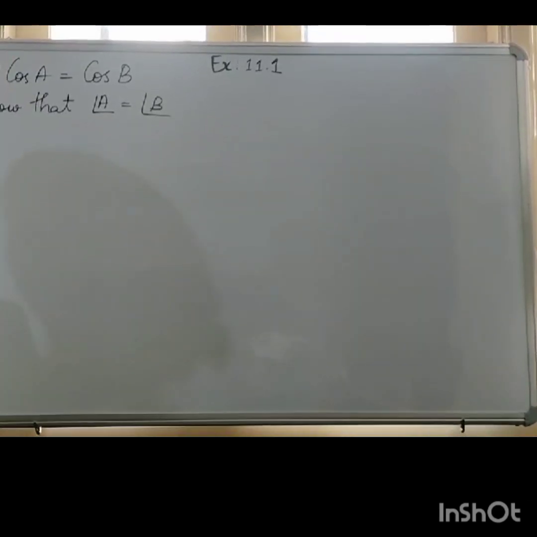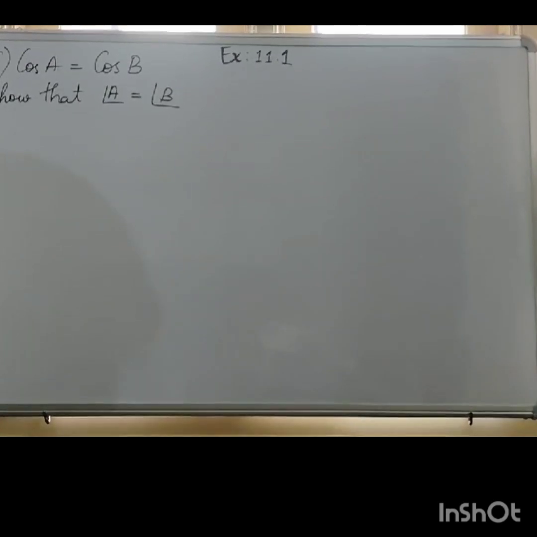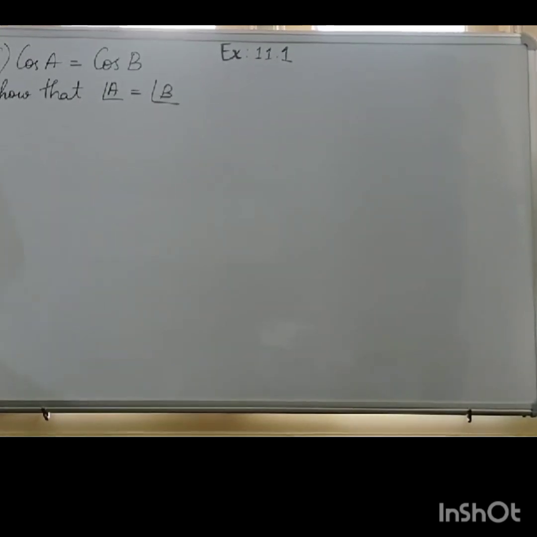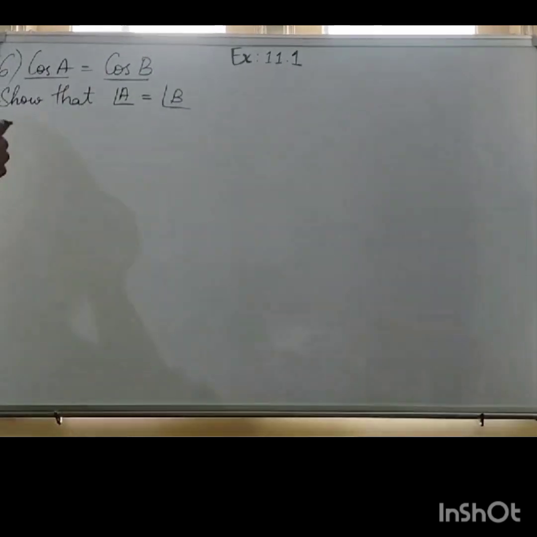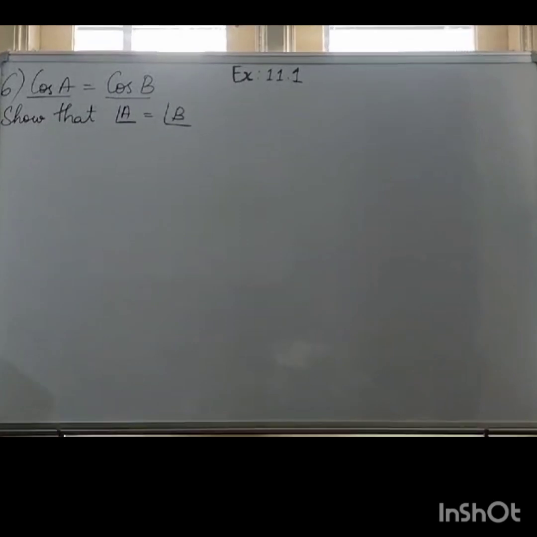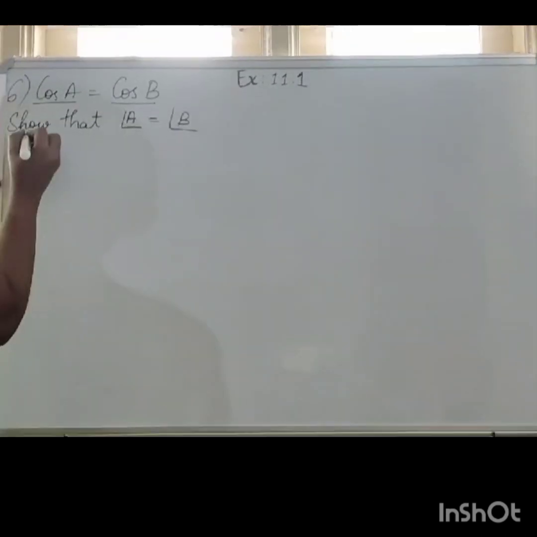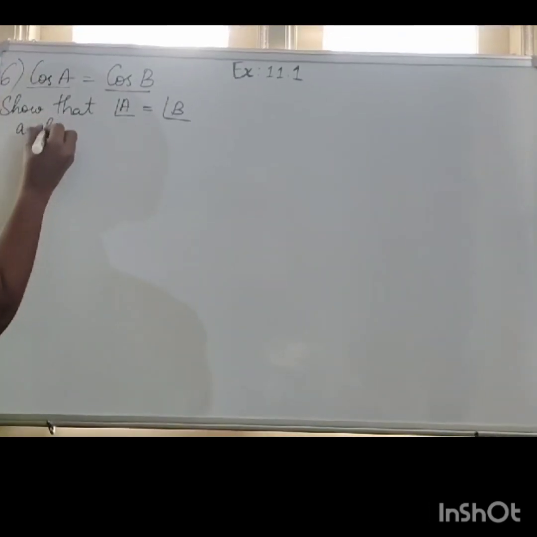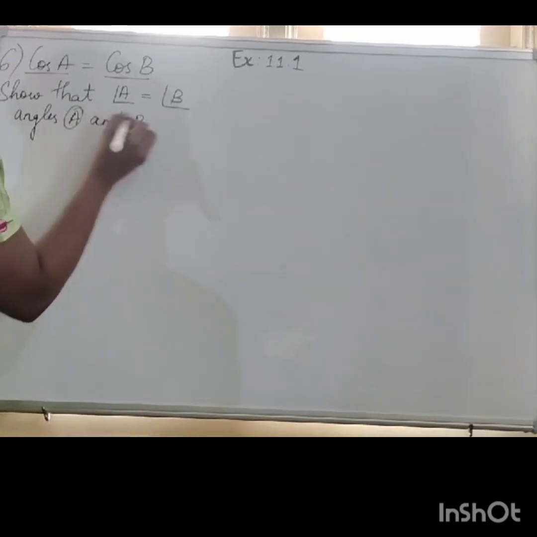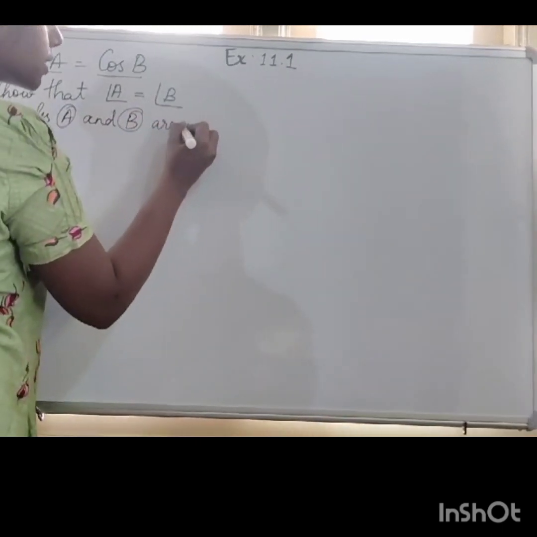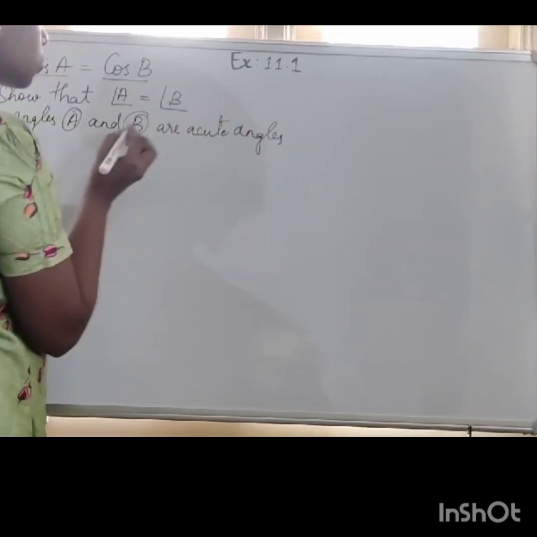Now let us move on to the sixth question. The sixth question says that if A and B are acute angles such that cos A is equal to cos B, then show that angle A is equal to angle B. Now they are saying that angles A and B, these two angles, are acute angles, which means that these two are not right angles.